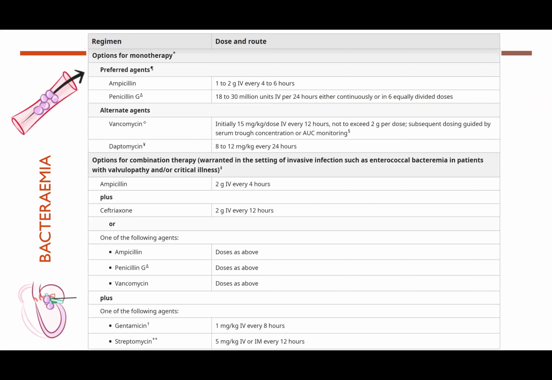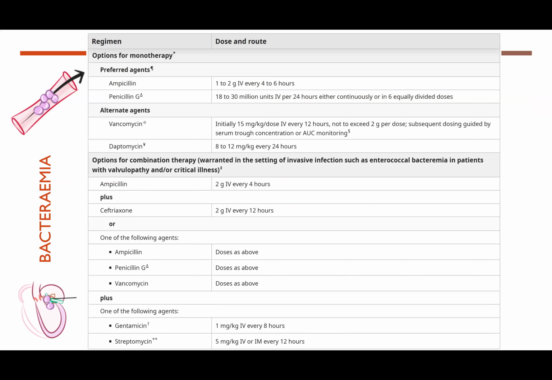So traditionally, the standard of care for severe enterococcal infection, like endocarditis, has been penicillin or ampicillin combined with an aminoglycoside, again to generate synergistic bactericidal activity.